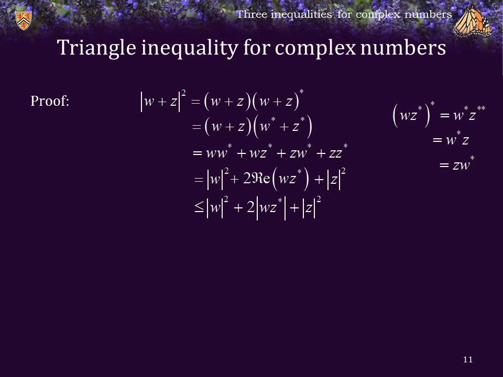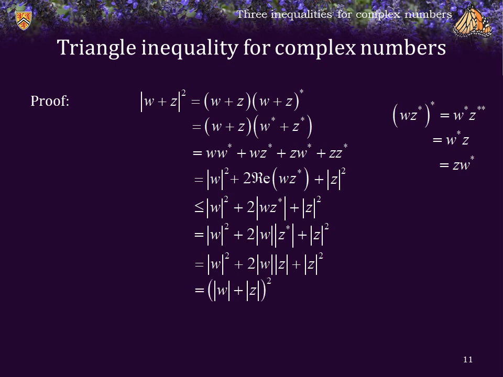Okay, and we know that the absolute value of a product of complex numbers is equal to the product of the absolute values. So I can do exactly the same thing. And the absolute value of z star is equal to the absolute value of z. And I think you can see where this is going. This entire expression is once again the absolute value of w plus the absolute value of z all squared.